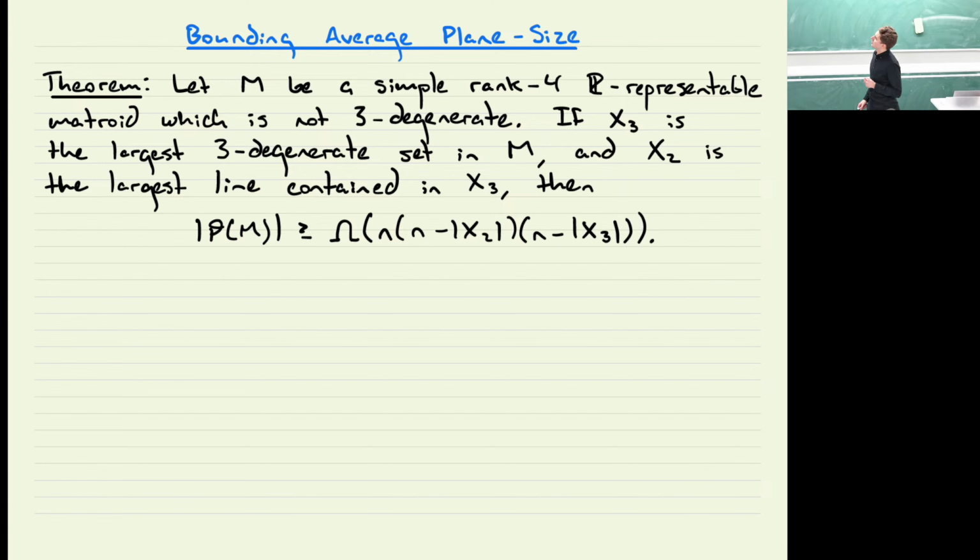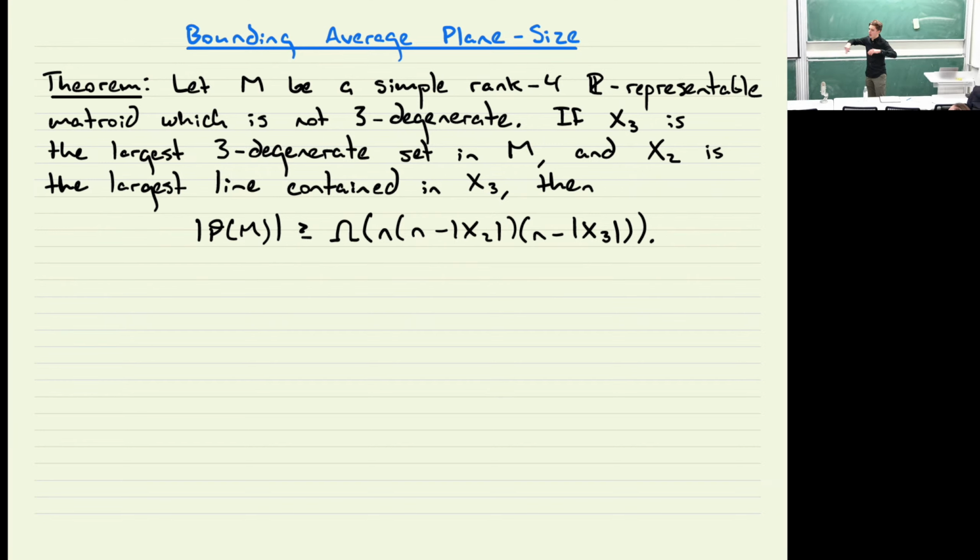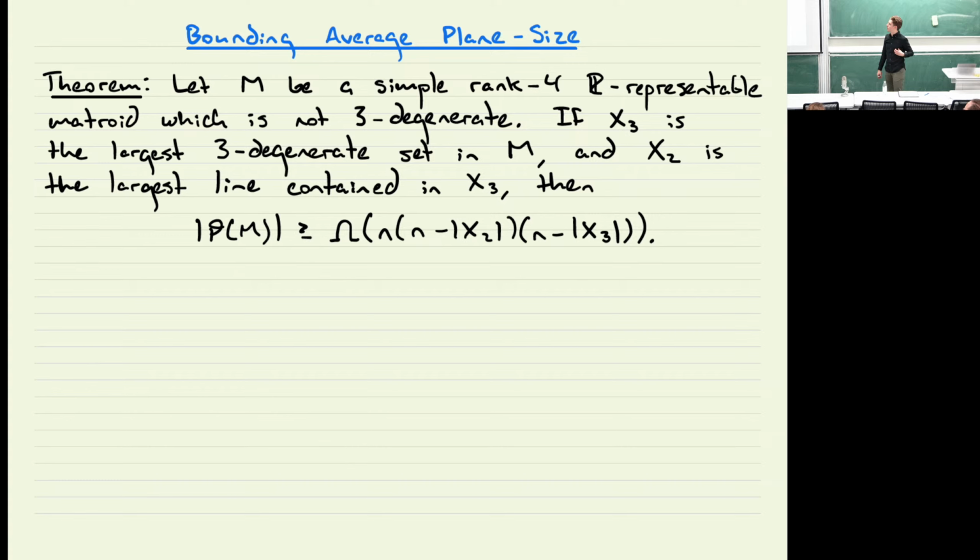In this case, what we're going to do is pick a largest 3 degenerate set in the matroid, and then we're going to choose a largest 2 degenerate set, i.e. a largest line sitting inside that largest 3 degenerate set. And then we're going to obtain this approximation, which sort of generalizes the one that we saw for lines.